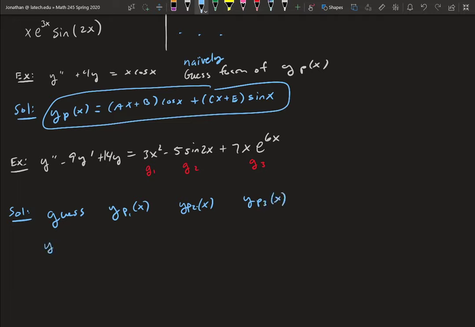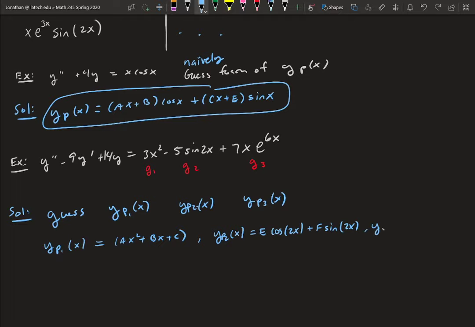We guess yp1 based on g1 would be ax squared plus bx plus c. yp2 we would guess, can't use abc, e cosine 2x plus f sine 2x.